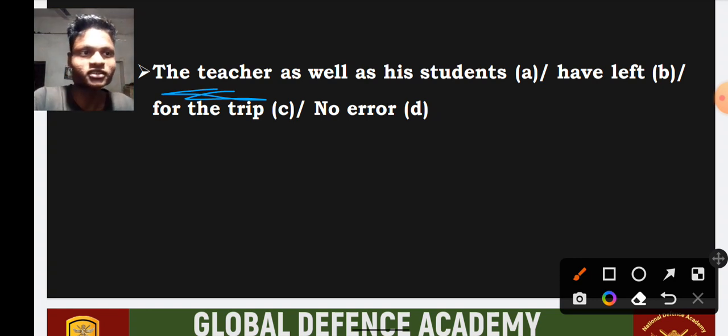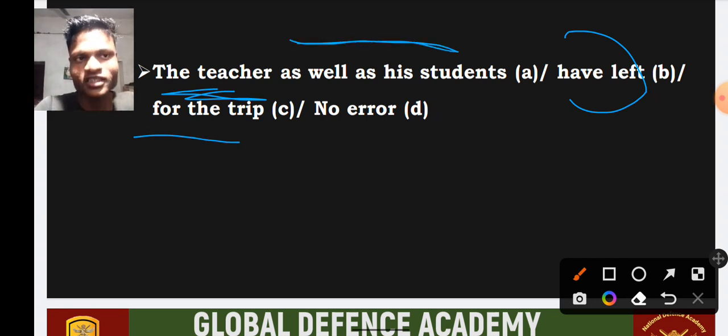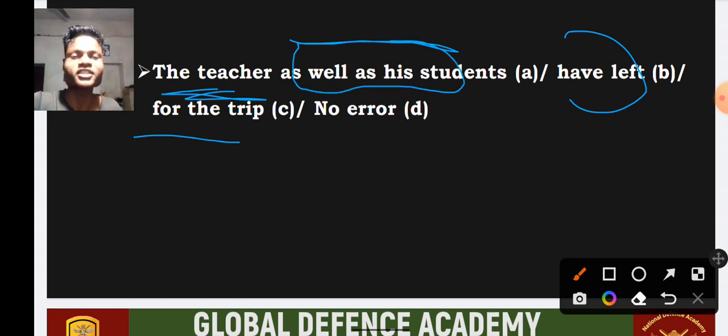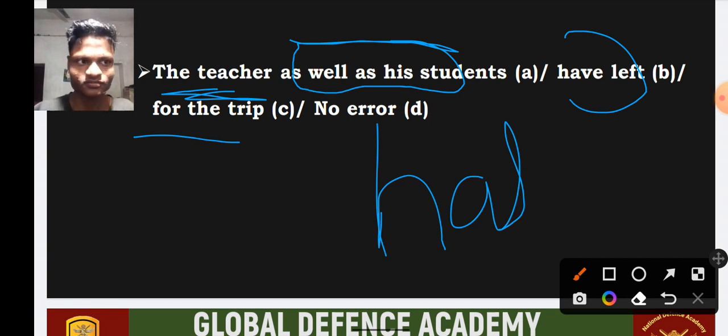The teacher have left for the trip as well as his students, and this section can be written in the last section of the sentence. The teacher have left for the trip as well as his students. Then the teacher is a singular subject, so you have to replace "have" with "has". The right answer is "has". Okay.